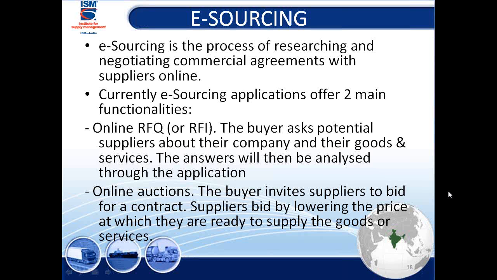Now let me again explain e-sourcing a little bit. The e-sourcing you saw in the two circles. E-sourcing is a part of researching and negotiating commercial agreements with suppliers online. Normally, e-sourcing has two areas: one is online auctions and the other you may call e-tendering.